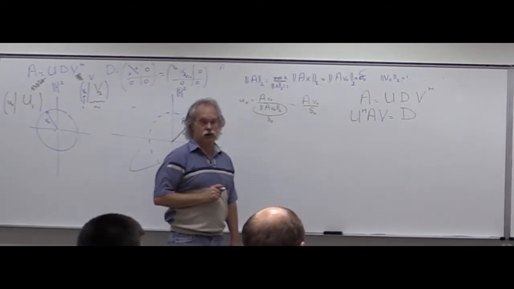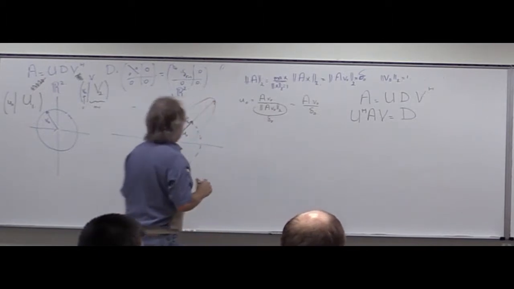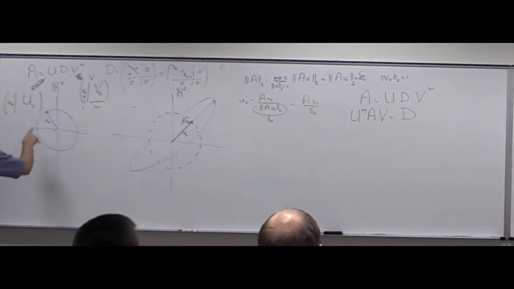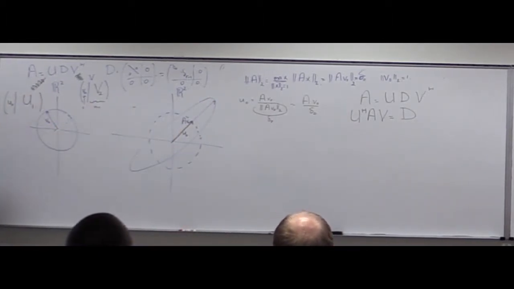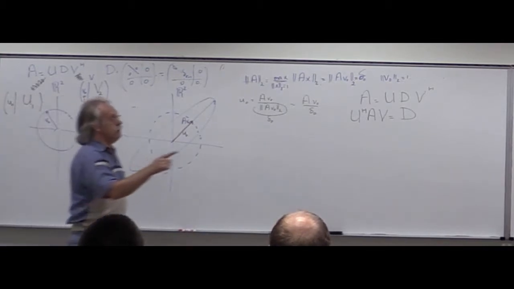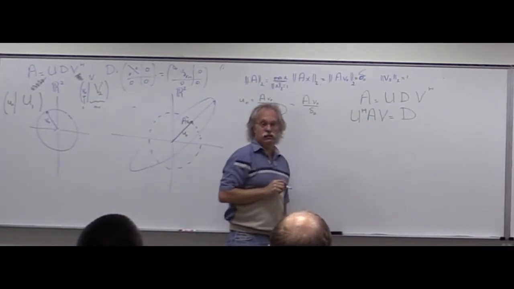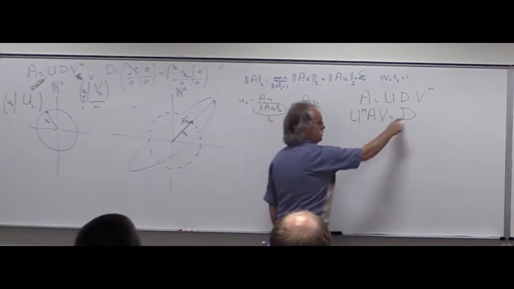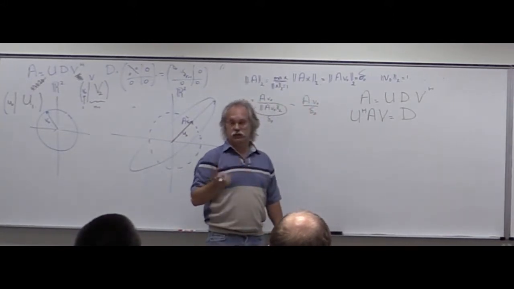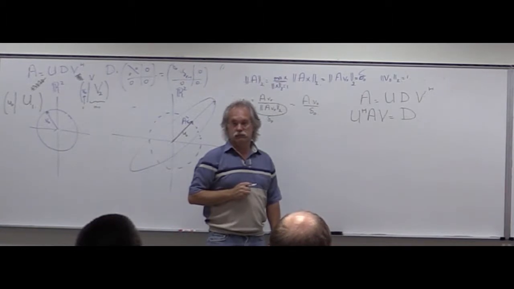So it would be interesting to see what we get if we take these matrices that we defined in this way, and we hit A with U on the left and with V on the right, and let's examine what the structure is of the matrix that comes out of that. If the matrix that comes out of that is magically diagonal, we're done, obviously.